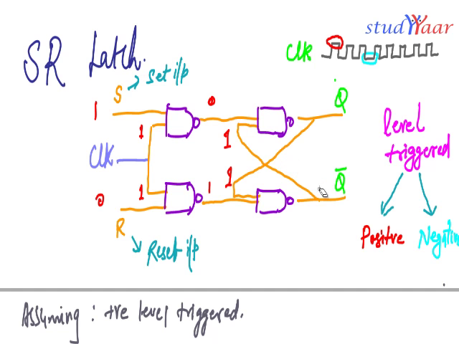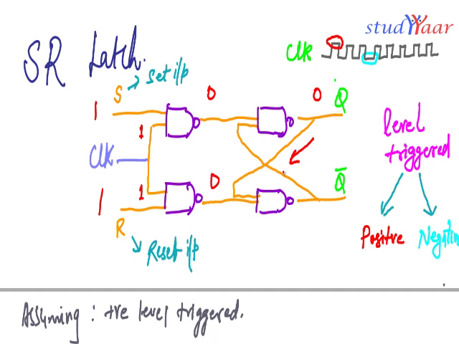This is not required. I have this also 1. Now 1 dot 1 bar is 0. So I am assuming this is 0.